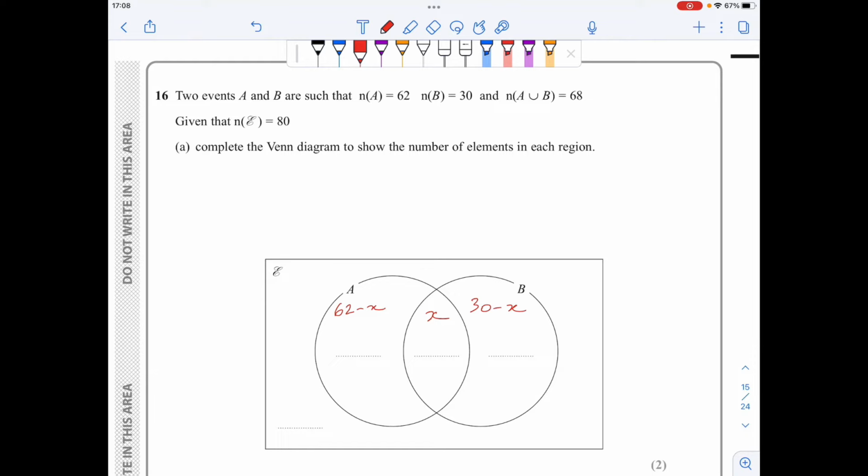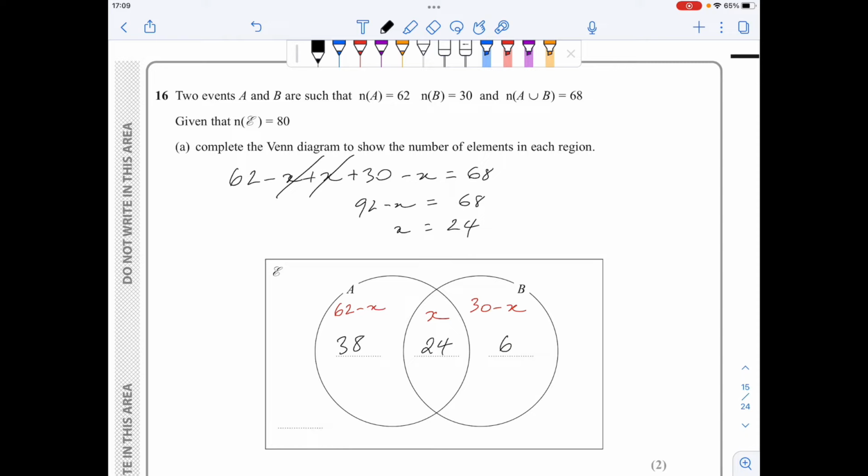Now, the union of these three regions is equal to 68. So 62 minus x plus 30 minus x is 68. So 92 minus x is 68. X comes out to be 24. So the central region is 24. The left one is 38. And the right one is 6.